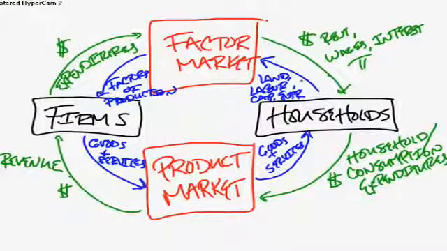Now, what we're looking at in Unit 6 is the top half of this model. So what we're worried about with factor markets is what's happening with these exchanges right here. We're not worried about the product market at the moment.